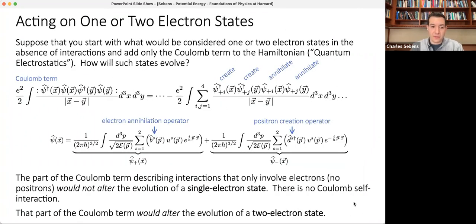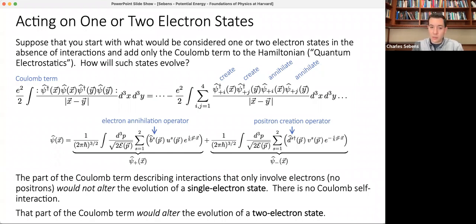So briefly, we're going fast because we're low on time here. But briefly, when you expand out the Coulomb term in terms of the positive frequency and negative frequency parts, in terms of the electron modes and the positron modes, you get a number of different contributions, but there's one piece of it that is purely about the electron modes. So let's focus on that, the part that's purely about interaction between electrons.